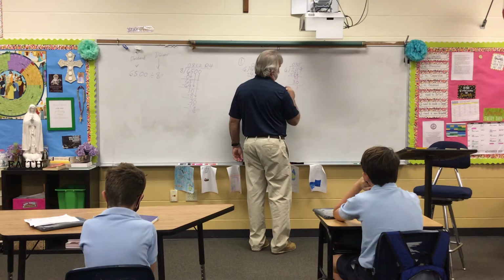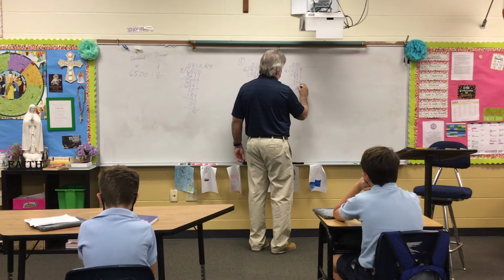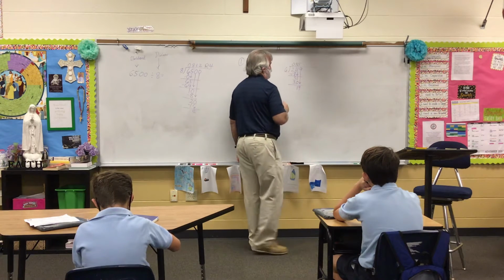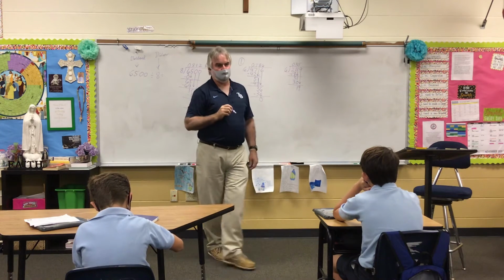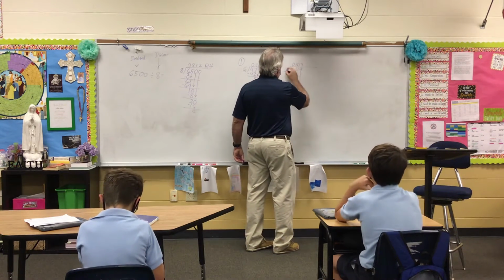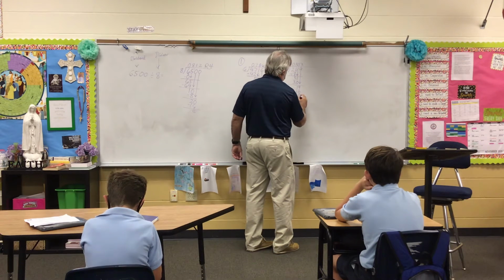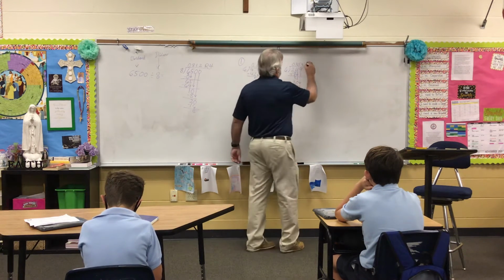There's 1 left over. Now I bring the 9 down. 6 goes into 19, 3 times. 3 times 6 is 18. Subtract. I've got 1 left over.